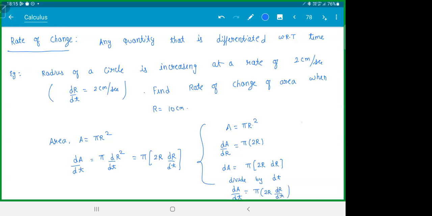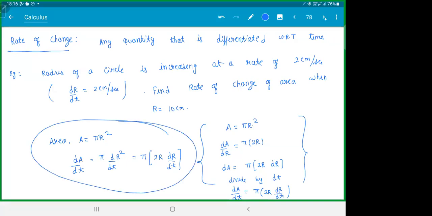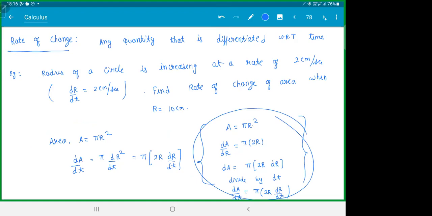I hope you're getting the difference. Since A is depending on r and you're differentiating with time, you're bringing a new variable. So it is like a chain rule. R square ka differential will be 2 into r and then differentiate r, whichever is inside. There are two ways to do this. This is the actual thing. But if by chance you're getting confused, this is the logic. Please have a look at this logic here.